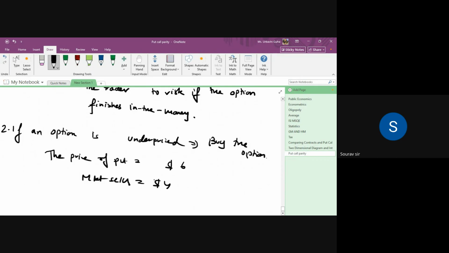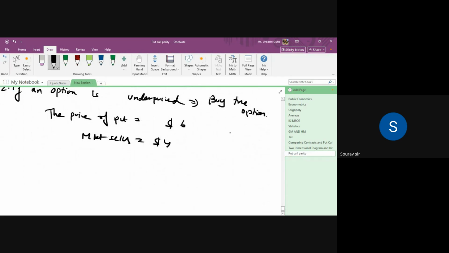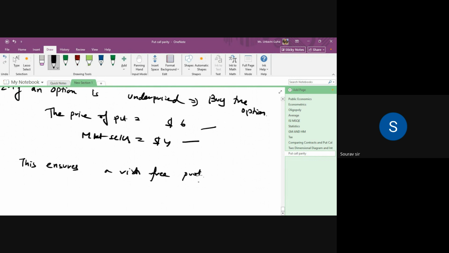So a trader can buy the put at 4 and simultaneously sell the synthetic. So this ensures a risk-free profit of 2.